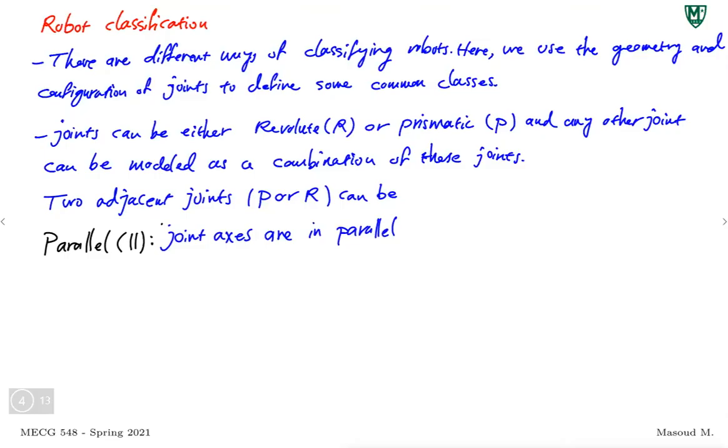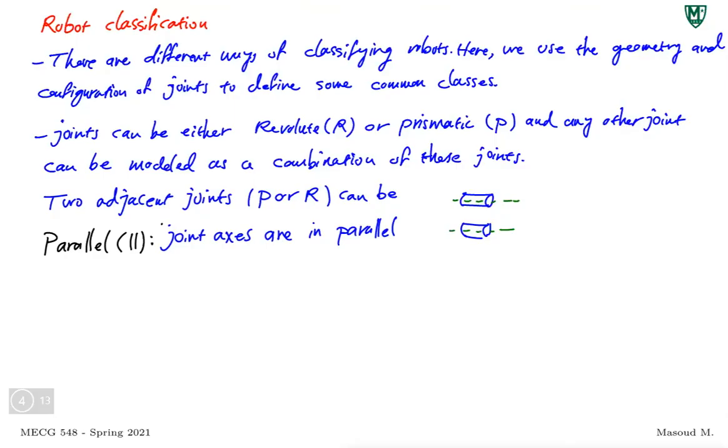Think about two revolute joints. If you have one revolute joint, let's say this way, we represent revolute joints with a kind of cylindrical shape, and the other one this way, then the axis of this one is this, and the axis of this one is this. So they are parallel.